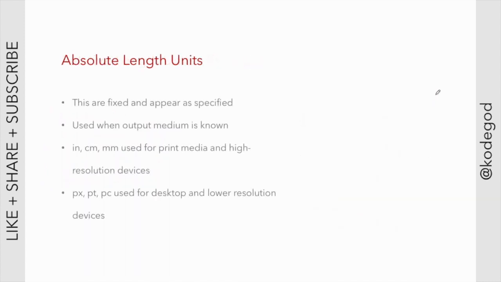For now, let us continue with the absolute length units. These are fixed and appear as specified. Whenever I give, let's say, 20 pixels as the value to a property, it will be fixed to exactly that and displayed with the same size across all devices.